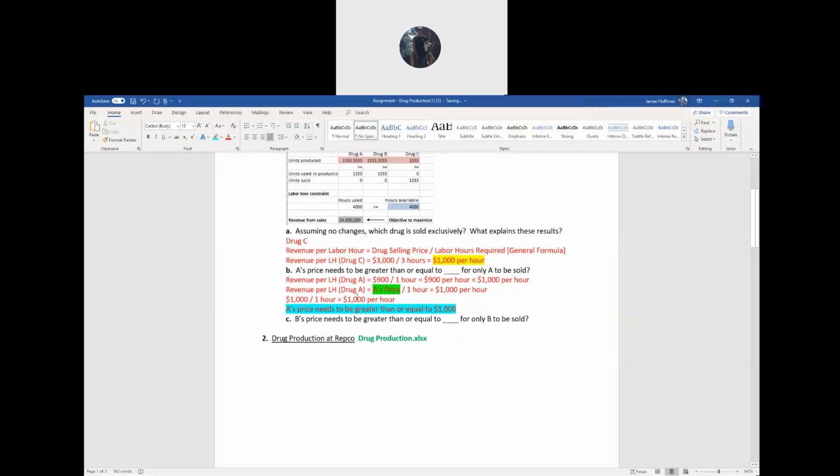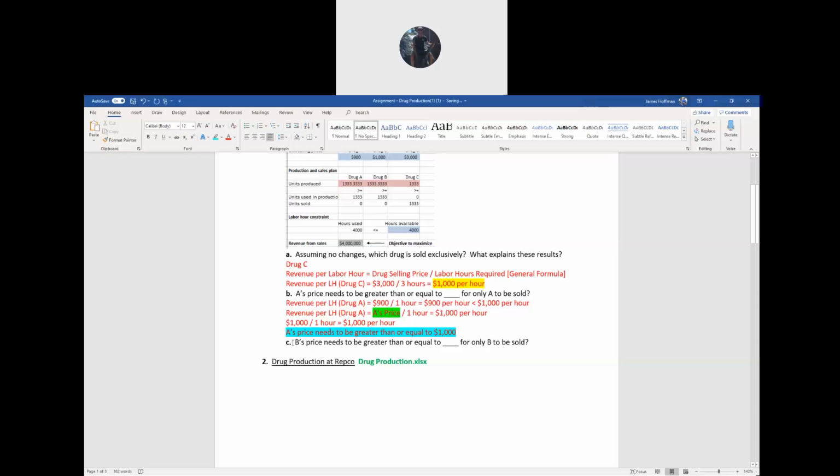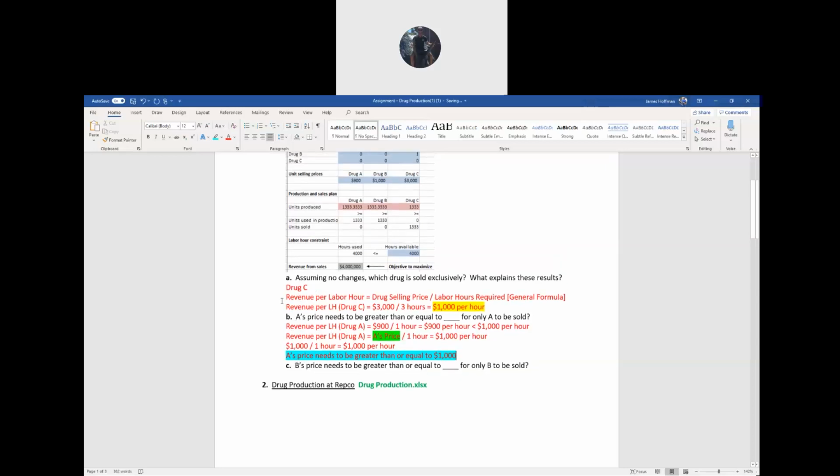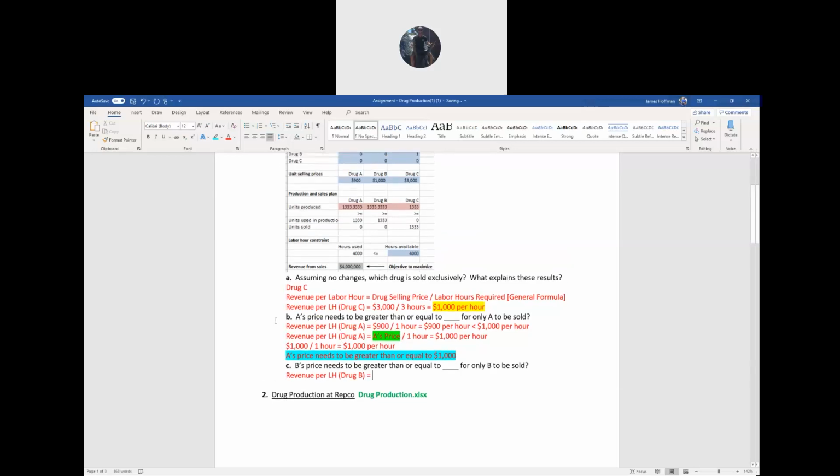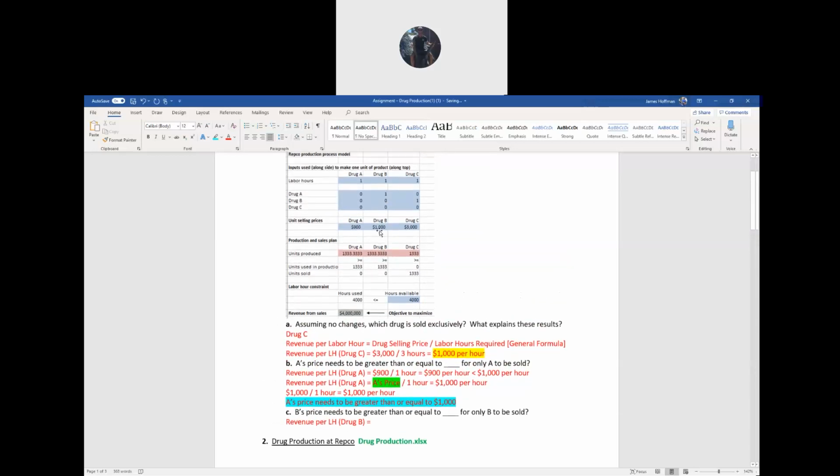Now we'll do the comparison for drug B, but it's the same idea. B's price needs to be greater than or equal to what for only B to be sold? First, let's figure out the revenue per labor hour for drug B in the current situation. B's selling price is 1,000.